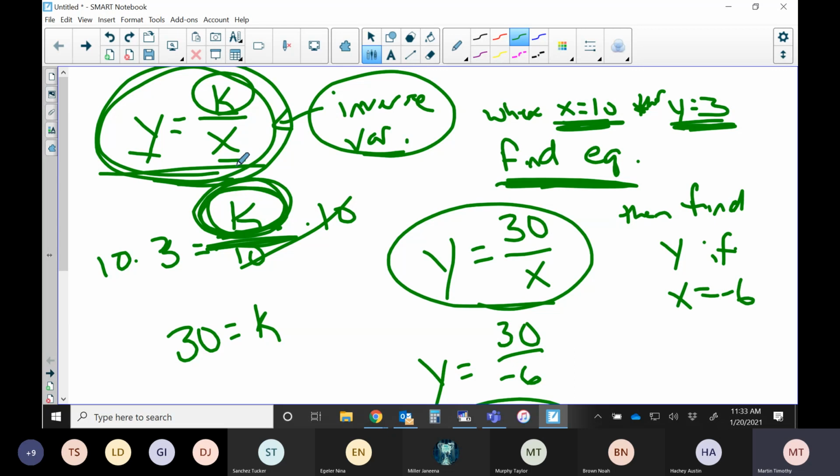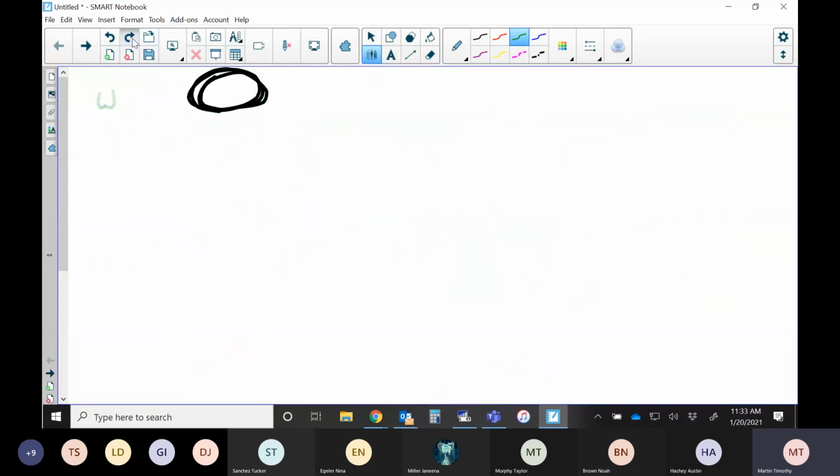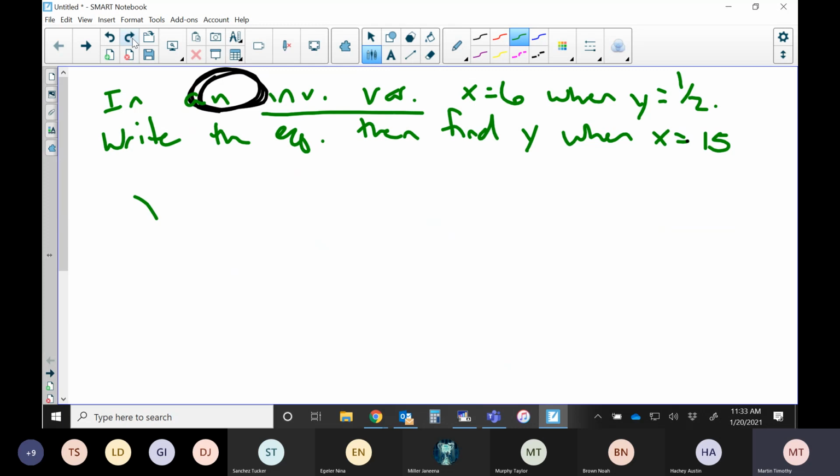What did I say we need to find? I circled it. What's the only thing we need to have when we do this equation? Okay, but when they give me the equation, if you look at that, they don't give me k in this, do they? No. Okay, so I need to find the k.